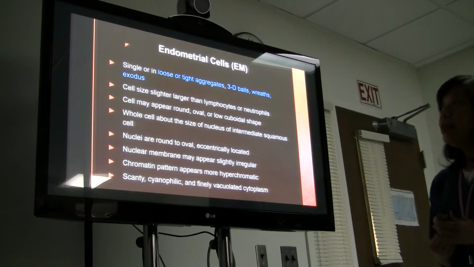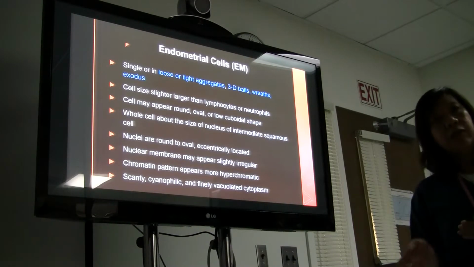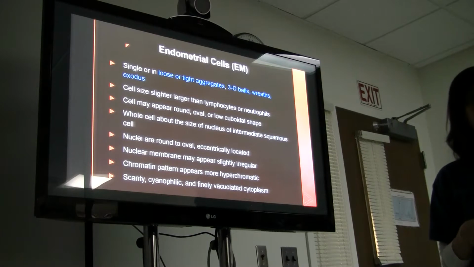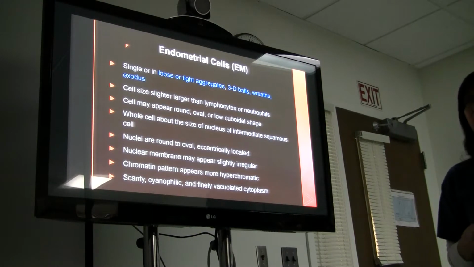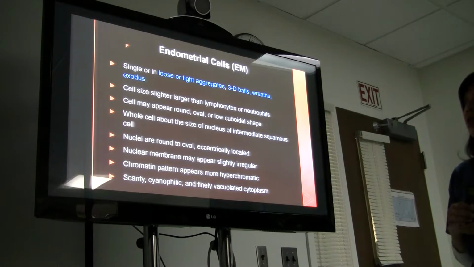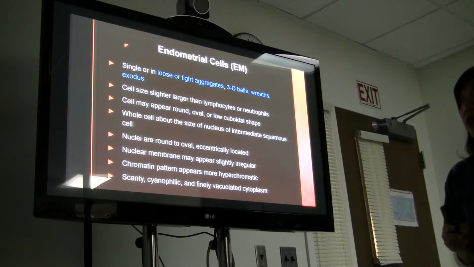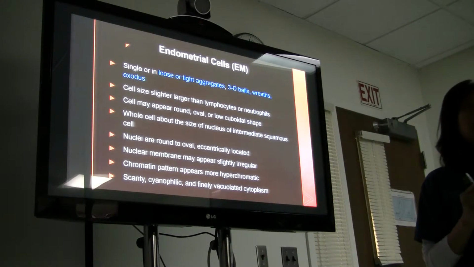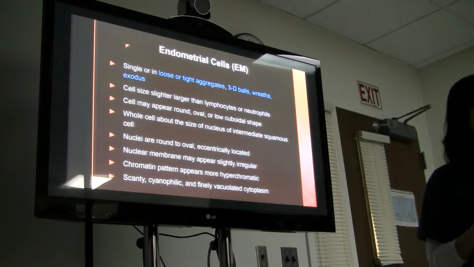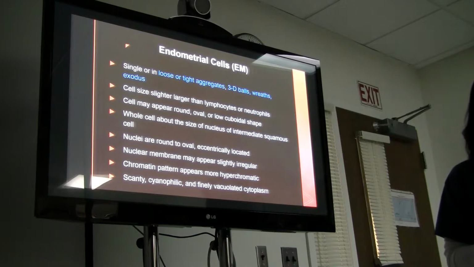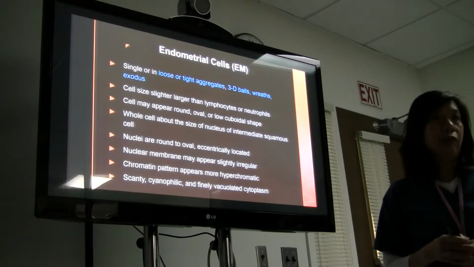Anytime after that, we don't expect to see endometrial cells present in the Pap smear. If endometrial cells are present after the period, it may indicate some sort of disease process going on, and those need to be looked at very carefully.